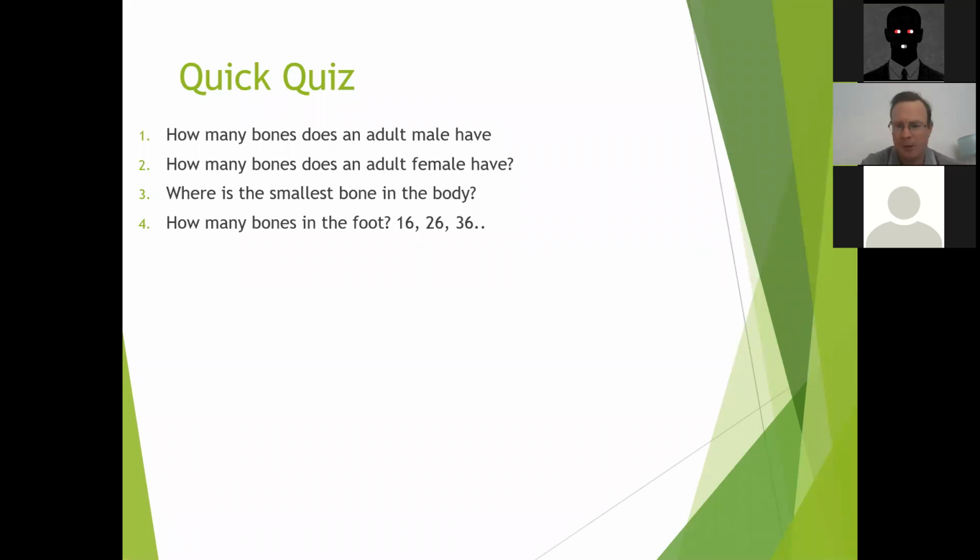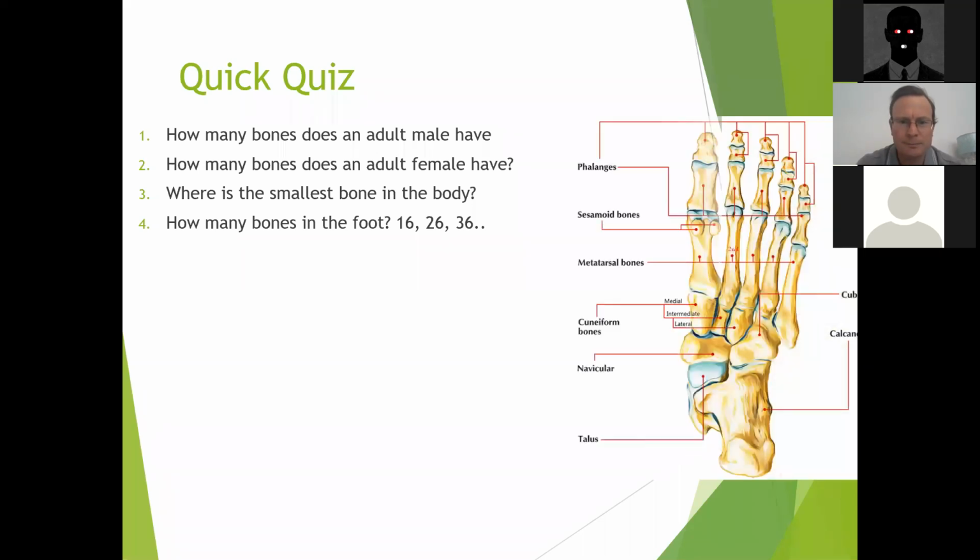Good. Well done. So it's broken down into two bits, really, our tarsals and our metatarsals. Well, three bits, and our phalanges at the end. So we've got two slightly different bone types in our foot, which we'll look at later. So let's press on.